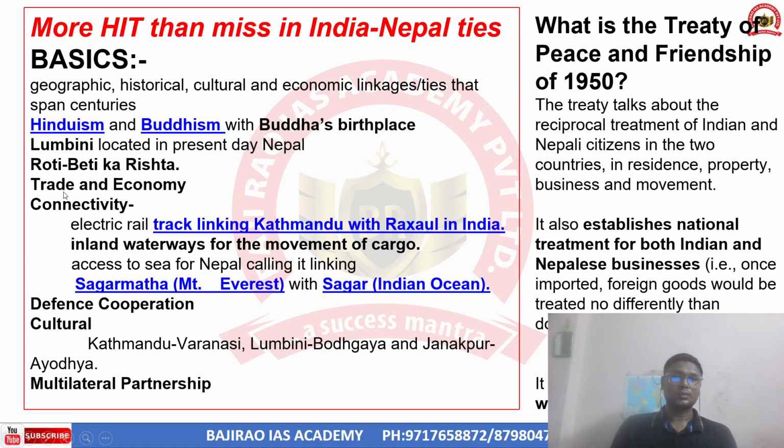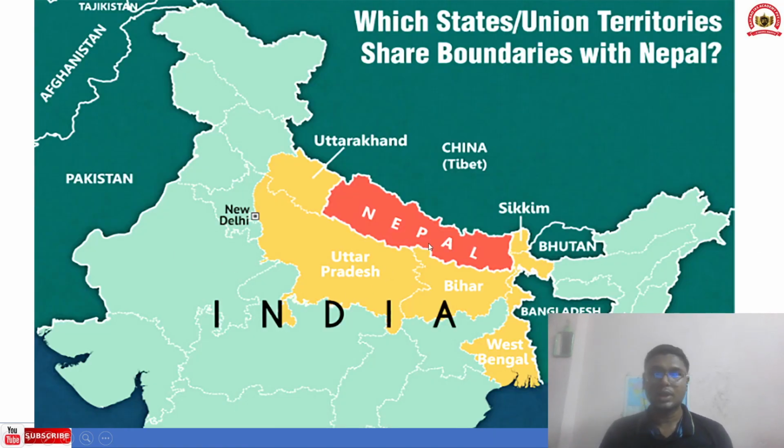And we will also see the trade and economy. If you see the relation between Nepal and India, India is the largest trading partner of Nepal. So we have that much significance. And if you see the connectivity, first I'll show you the Nepal map. You see here, guys, Nepal is wedged between India and China.